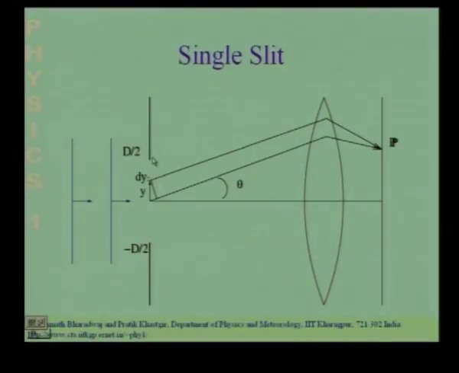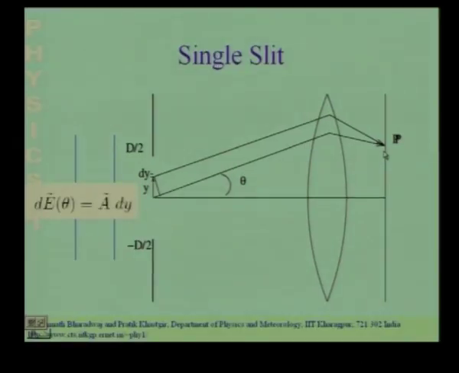So, the intensity is going to be minimum when the phase difference between this tip and this tip is exactly 2 pi, or the phase difference between the center and one of the tips is pi. The contributions from all of the sources cancel out at the point where this phase condition is satisfied.